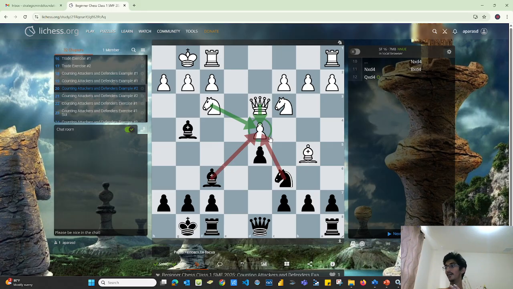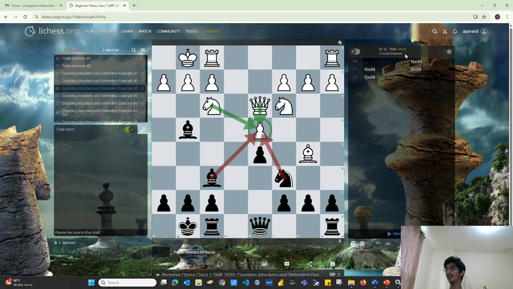If there's an equal amount of attackers and defenders, then when the attacker moves, the defender will always get to move after the attacker. And at the end of everything, since there's one attacker for one defender and the defenders move second, the defender's on top. That's why we have to have more attackers than defenders if we want to go through with the full exchange.